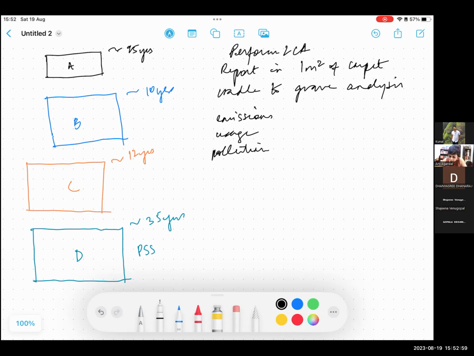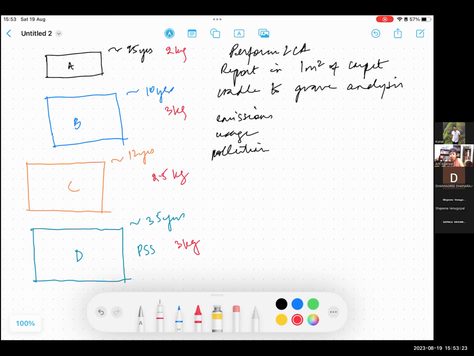Suppose this one has 2 kg emissions. I'm just making up the numbers right now. This one has 3 kg, this has 2.5 kg, this one has 3 kg. They all have similar emissions, I suppose, in the analysis.